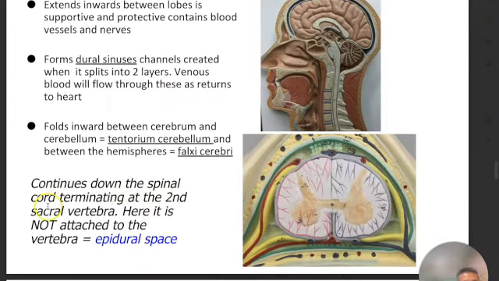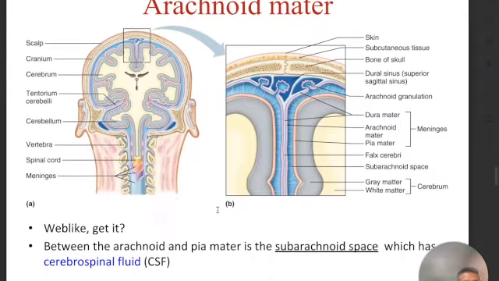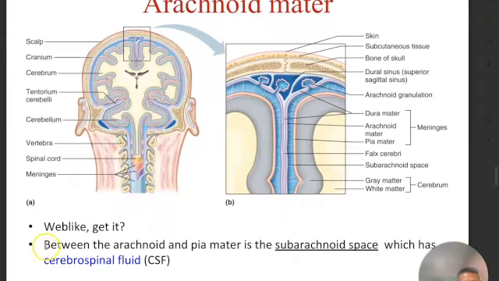Continue down the spinal cord, terminating at the second sacral vertebrae. So even your spinal cord has a tough mother. Arachnoid, which is the second one, web-like.